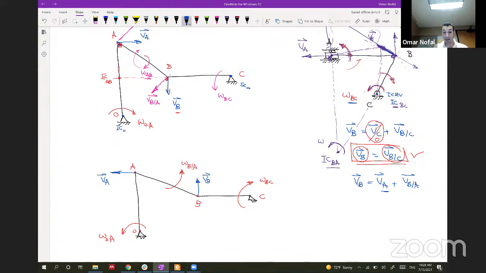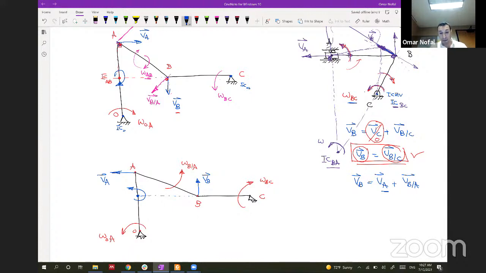Okay, let's see the instantaneous center of zero velocity. I should make a perpendicular to this line. It's still at the same point, but the omega will be in this way. However, here we had the omega going this way. So this is the difference.